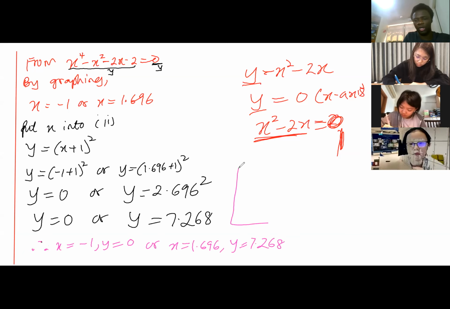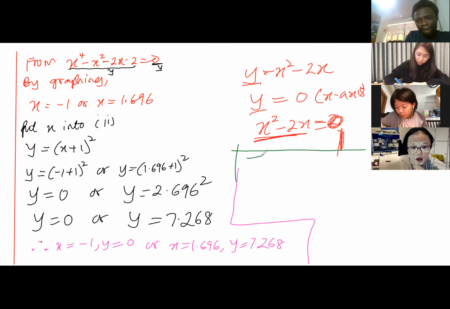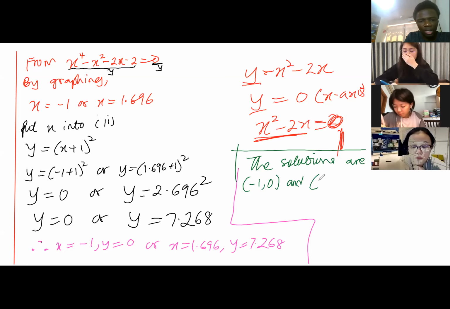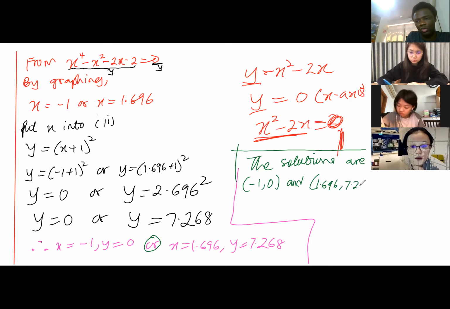If you don't write it that way, you could say the solutions are, you can put it in coordinate form, -1, 0, and actually this should have been and, 1.696, 7.268, something like that.